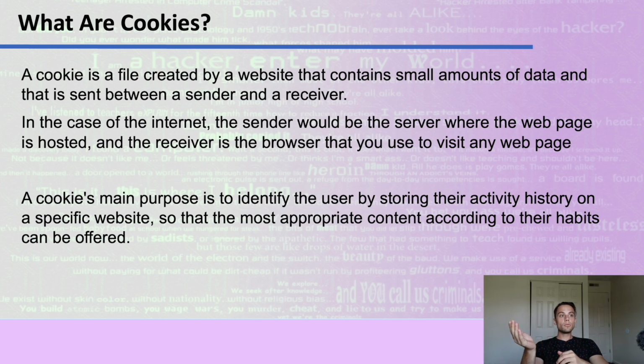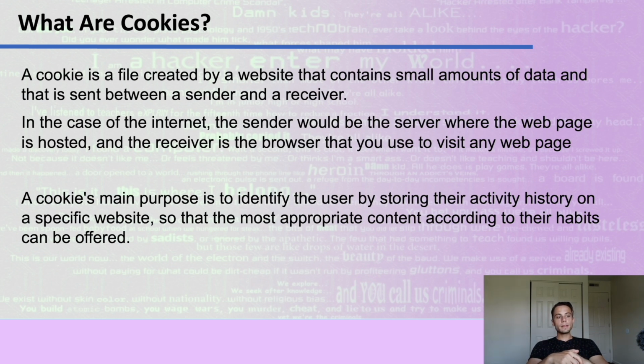So Google will know that you're a person interested in that, and for that reason you will see the ads. You see personalized ads just because there are cookies being exchanged between you and Google or any other server or website.